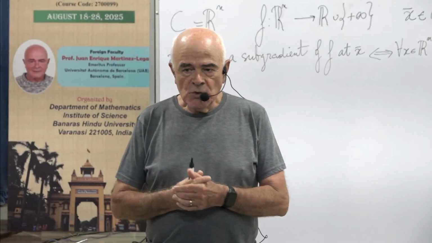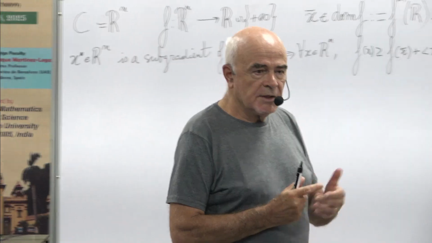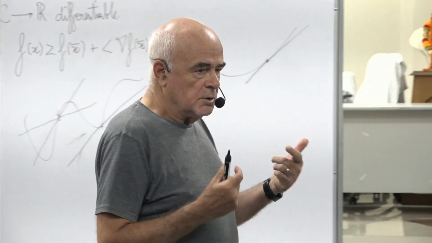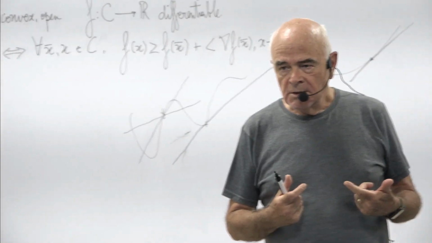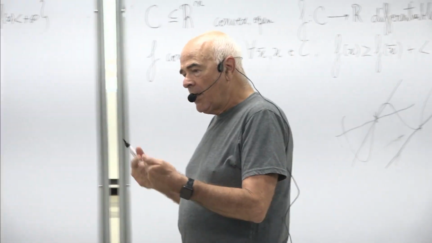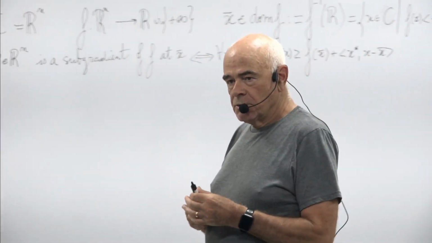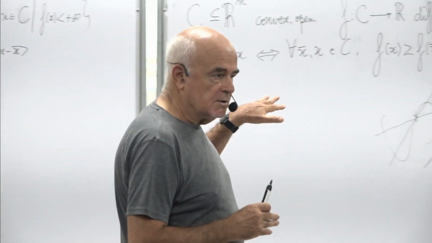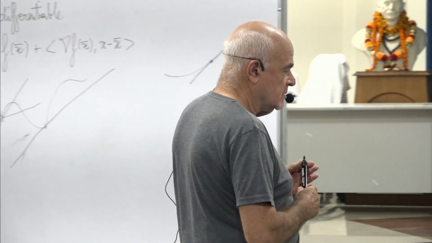But it's useful to consider the subdifferential of these functions and to give formulas for such a subdifferential which provide optimality conditions. I'm giving this definition in general, but we are going to restrict our attention to the convex case.